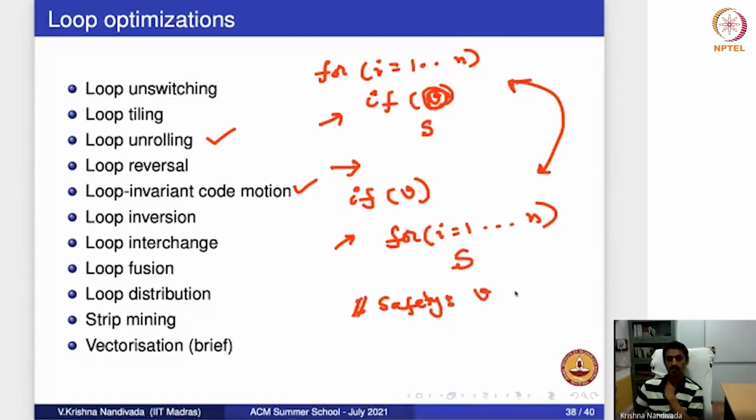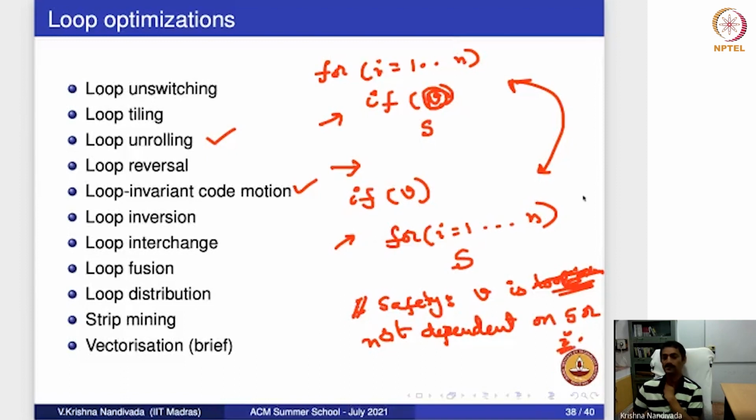Yeah. V is loop invariant. Okay. V is not dependent on what S does or what I does. Or instead of writing loop invariant, I'll write it as V is not dependent on S or I. Okay?